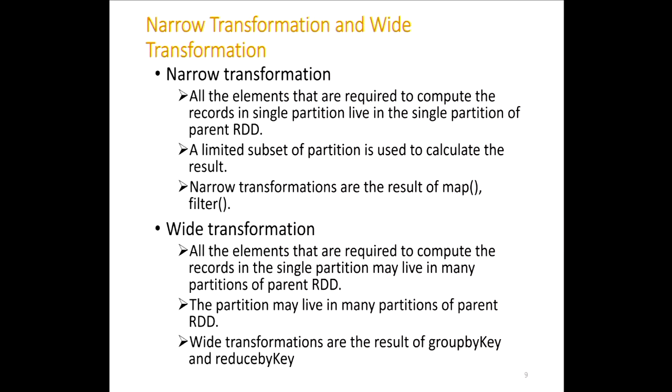For each line, I look at whether it has the word error in it or not, yes or no, and maybe I can create a list. So filter does not need to know what other partitions in other nodes have. It just looks at the current RDD, which is lines of text, checks whether they have the word error in them, and results in a new RDD. So this can happen on a single executor, on a single node.